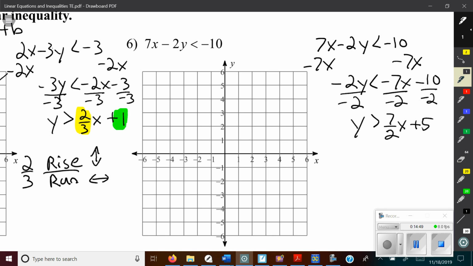All right, so now we're going to go to 5, and we're going to do our rise over run. We got 7 over 2, and we're going to rise 7 and run 2.